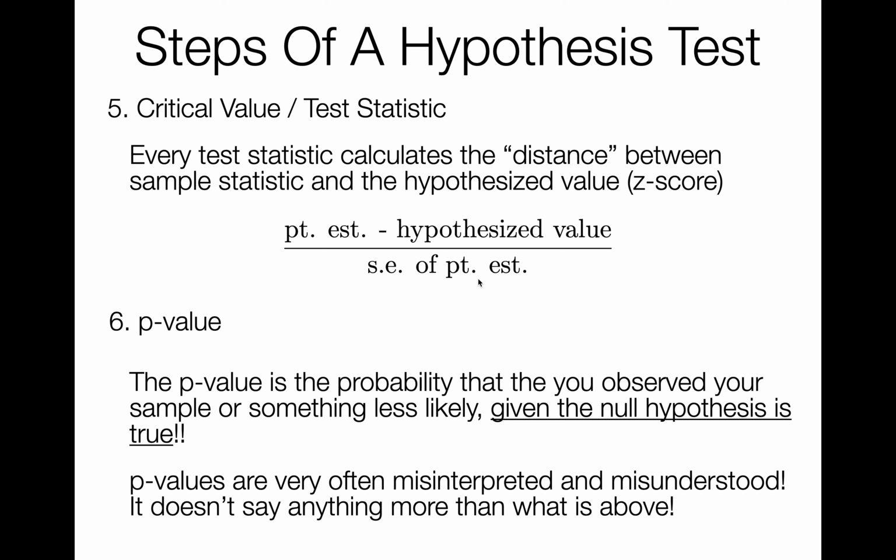People like to think that it says something more than that, but it doesn't. So if you go on to use statistics in your field of study, you'll most likely encounter p-values and hypothesis tests. You should print this out and remember it. You may not understand what's going on now, but then you probably will.